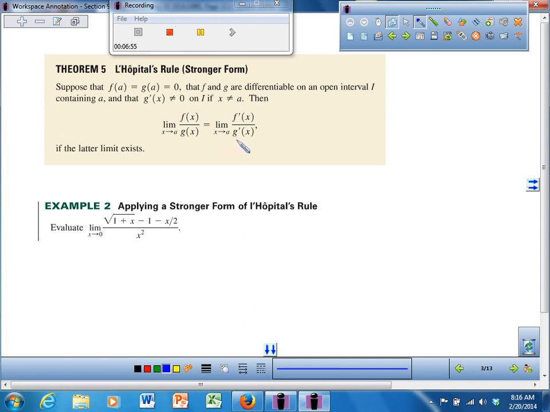We are not applying quotient rule here. We are not taking the derivative of the quotient. L'Hopital's rule says take the derivative of the top over the derivative of the bottom and reevaluate the limit. So this is what I would like you to get down for the actual rule.